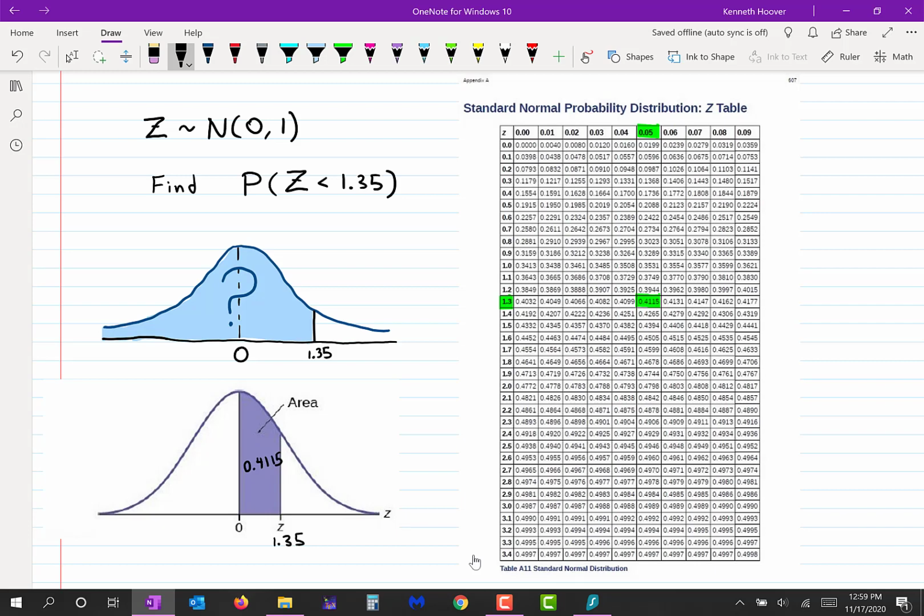That's not the answer to our question. Let's look back at our question here. Our question says, what is all of this area?